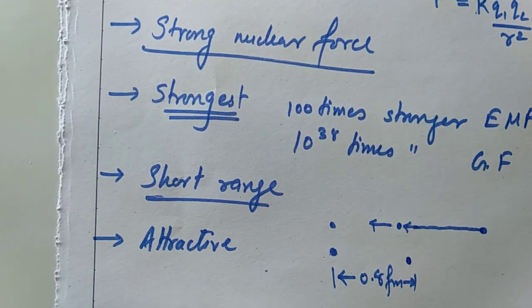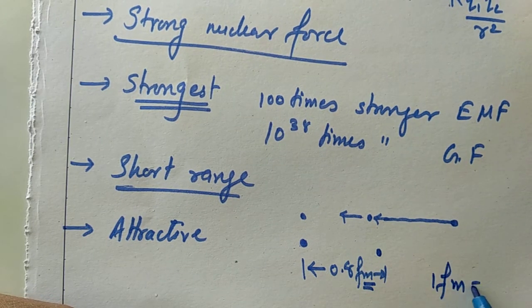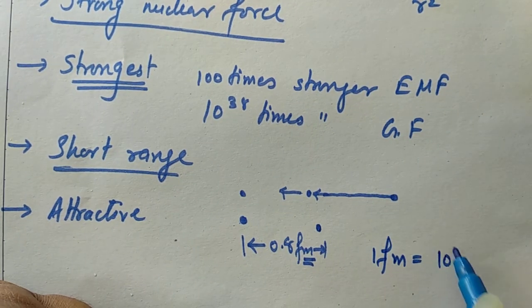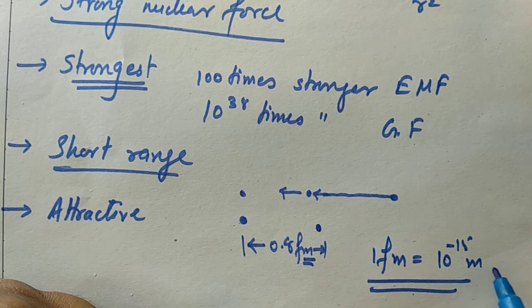So basically, the strong nuclear force has dual nature. It is attractive as well as repulsive. It is repulsive for very small distances, smaller than 0.8 Fermi, and it is attractive for distances bigger than 0.8 Fermi. Now what is this Fermi? Fermi is the unit of length. 1 Fermi is equal to 10 raised to minus 15 meter.